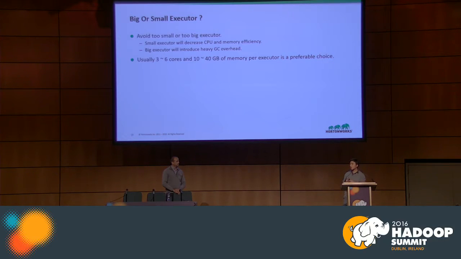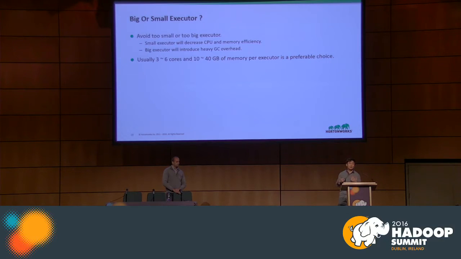So for the large executor, the big problem is GC. According to our benchmark, we usually choose 3 to 6 cores per executor and 10 to 40 GB per executor. This is neither a very big size, nor a very small size.